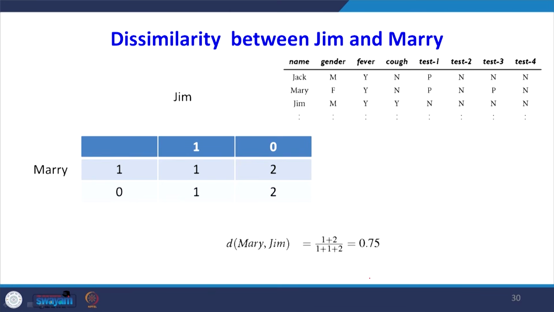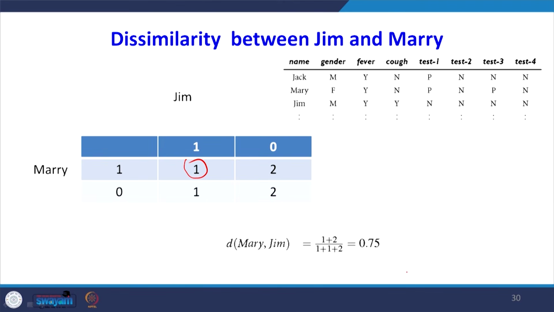Let us take another example, the dissimilarity between Jim and Mary. For Mary there are two options, 1 and 0, and for Jim also two options, 1 and 0. Mary is 1 and Jim is also 1, so that is 1.